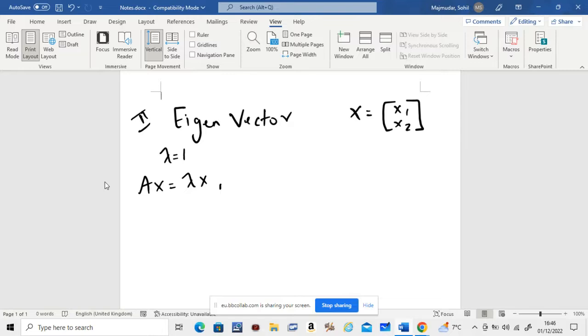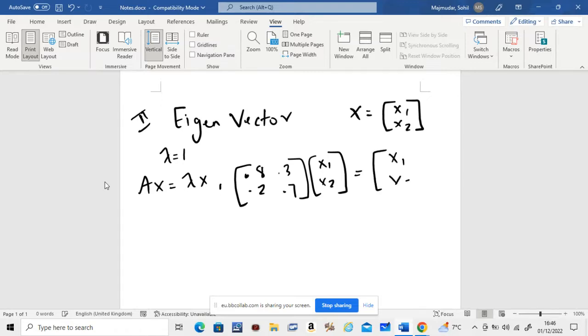So the matrix was 0.8, 0.3, 0.2, 0.7. Multiply that with x1, x2. In place of lambda, you put 1, so you get 1 times x1, x2, which will just be x1, x2.